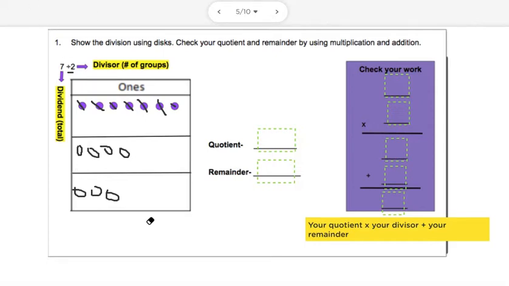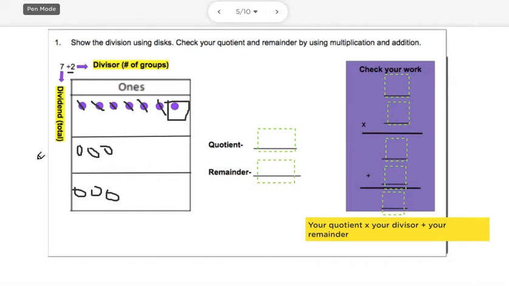No, I don't. So I cannot distribute that last disk because I do not have a pair for it. So what would this last disk be called? Starts with an R. Yes, our remainder. Let's go ahead and box in that remainder so that we know that's what's left over.